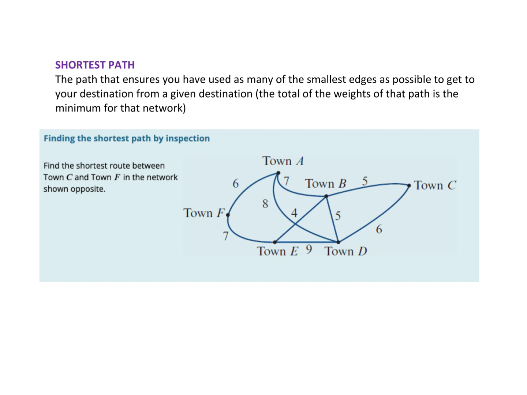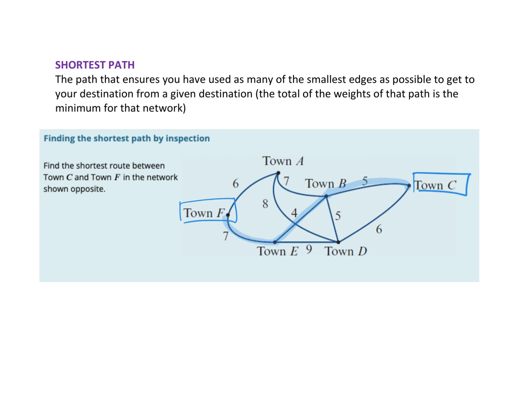So find the shortest path between town C and town F in the network opposite. So you want to go from town C and get to town F. What you can do, they often say, is just do it by inspection. That's just you having a look. So if I go along here, 5 plus 4 plus 7, what would that be?